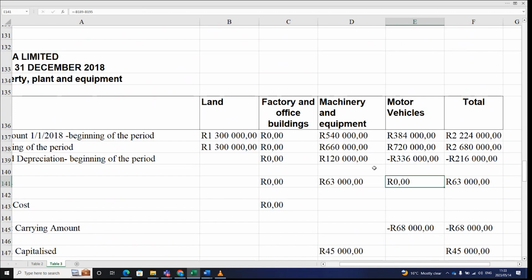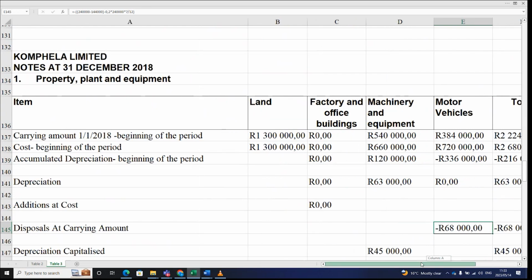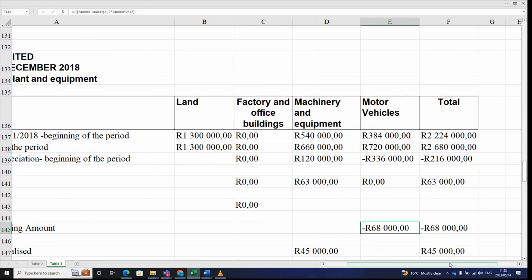So then we would then need to get, so now since we know that the cost of the asset that was taken out was 240,000, to work out the depreciation of the motor vehicles would then be the remaining assets plus this asset here that was disposed of just for that portion, just for that period.